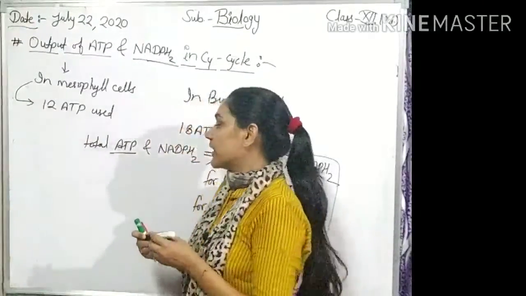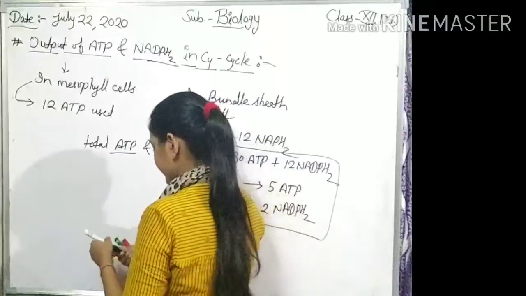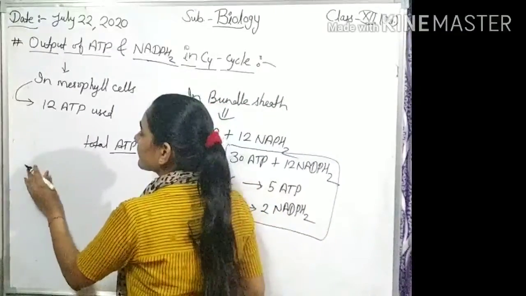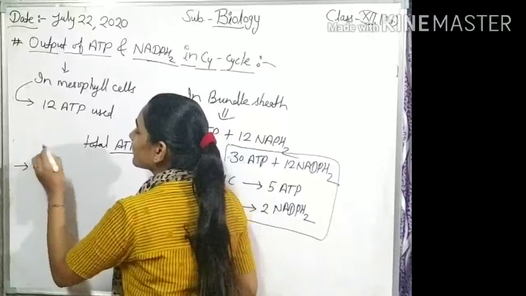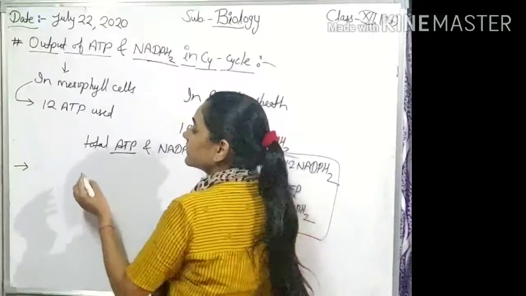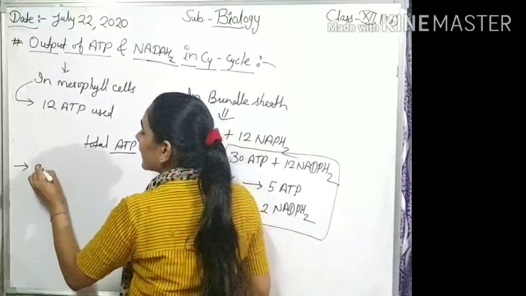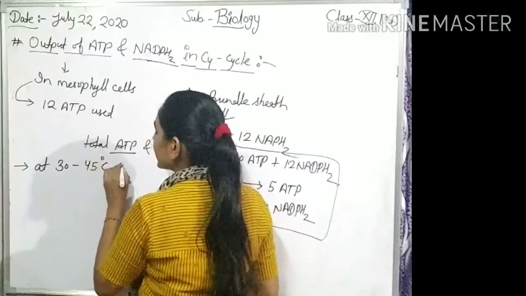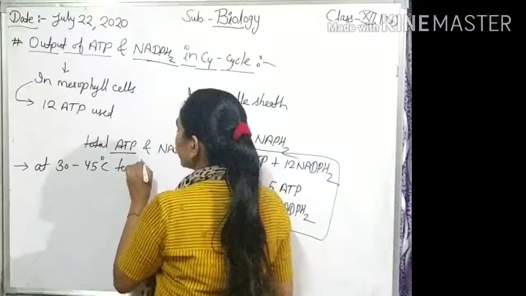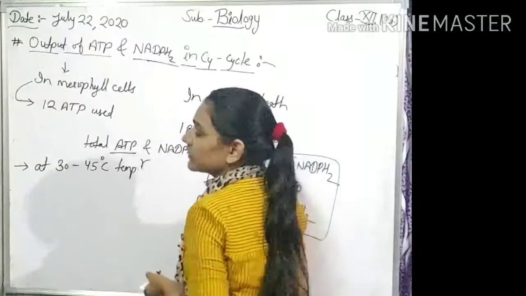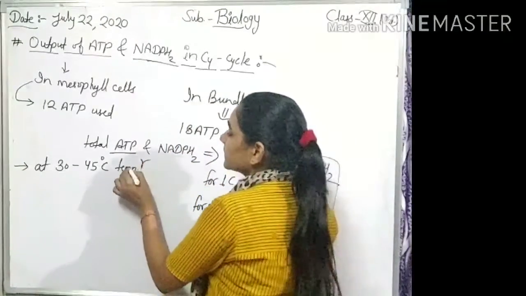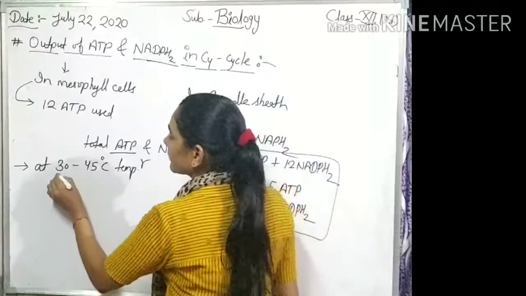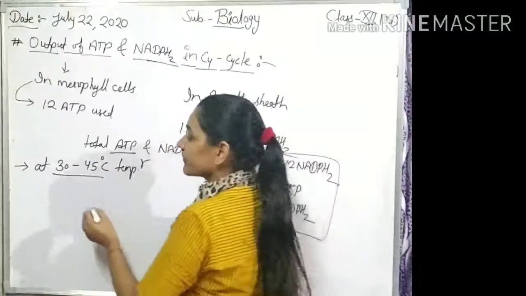and C4 plants start the C4 cycle at 30 to 45 degrees Celsius temperature. It means C4 plants require higher temperature.